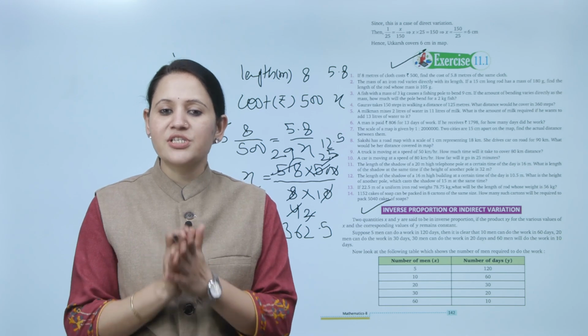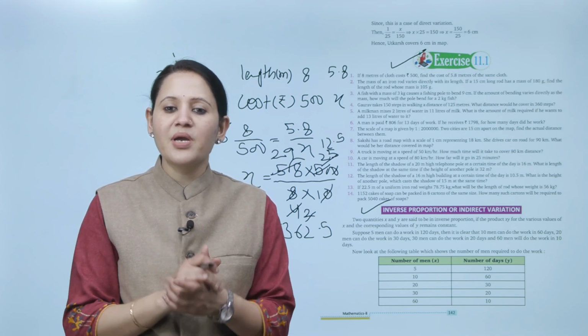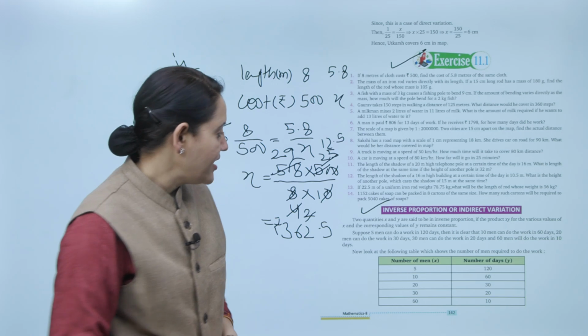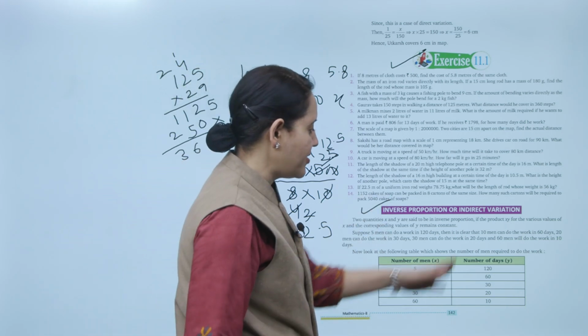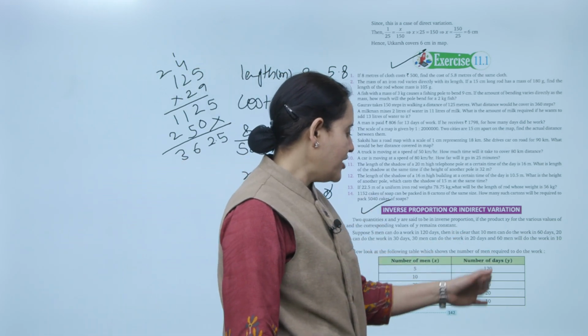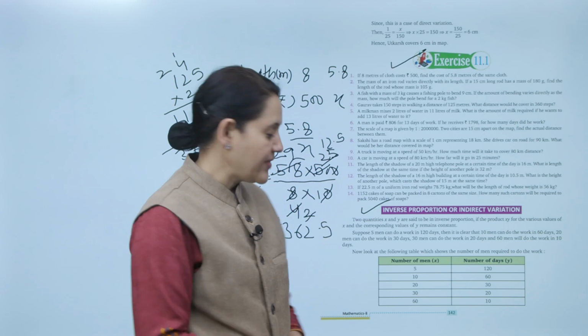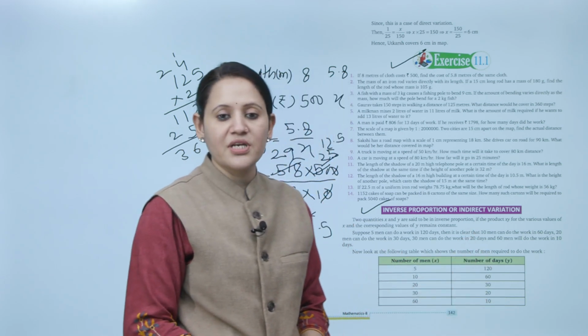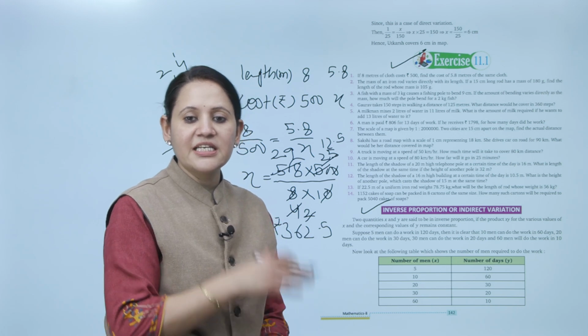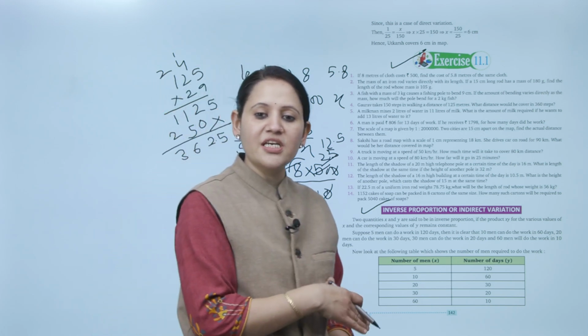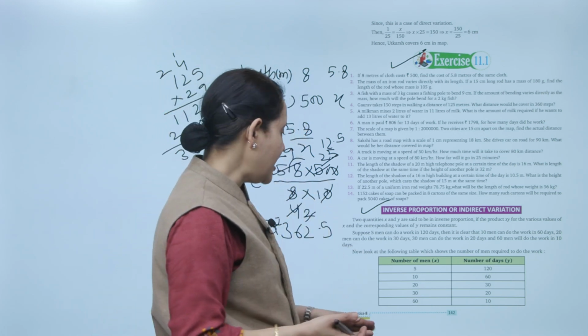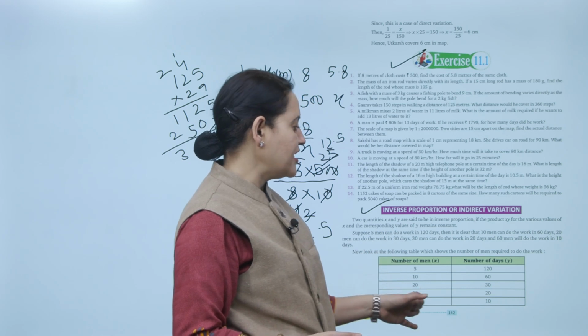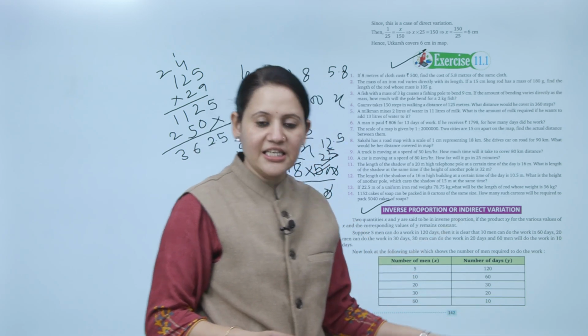Now look at the following table which shows the number of men required to do the work. Here the number of men and number of days required to complete that work is given. Like here, number of men 5, days is 120, number of men 10, days 60, number of men 20, days 30. So as the number of men are increasing, the days are decreasing.